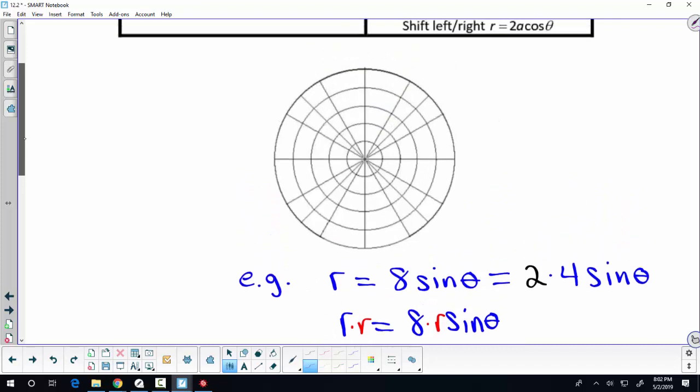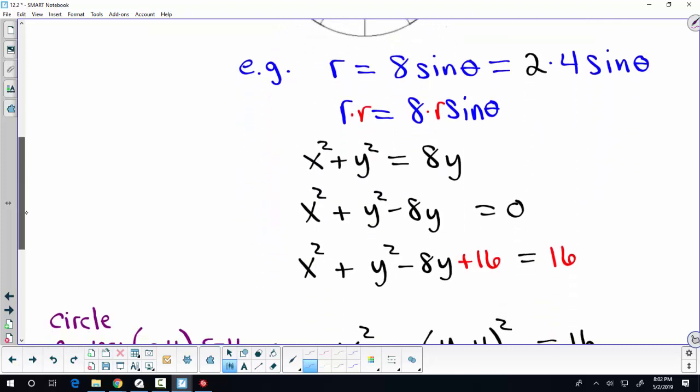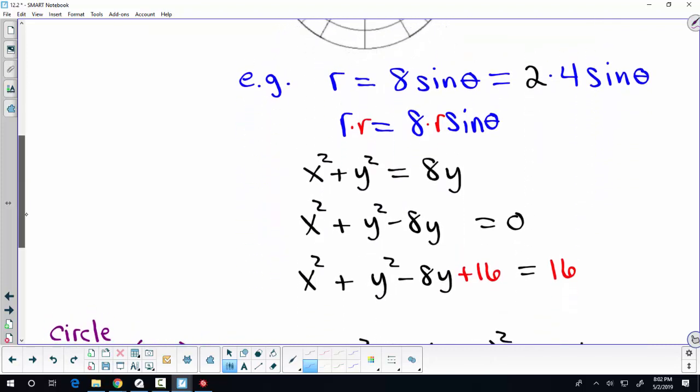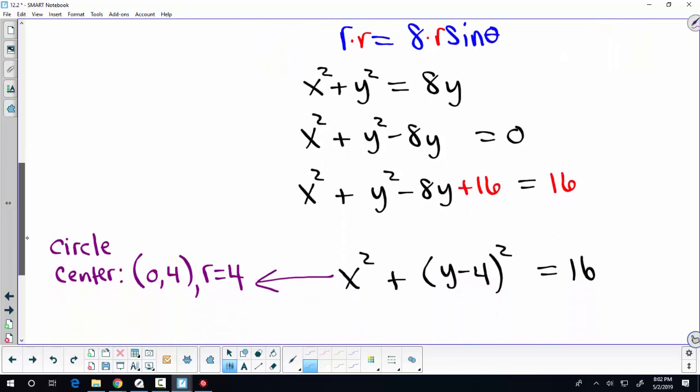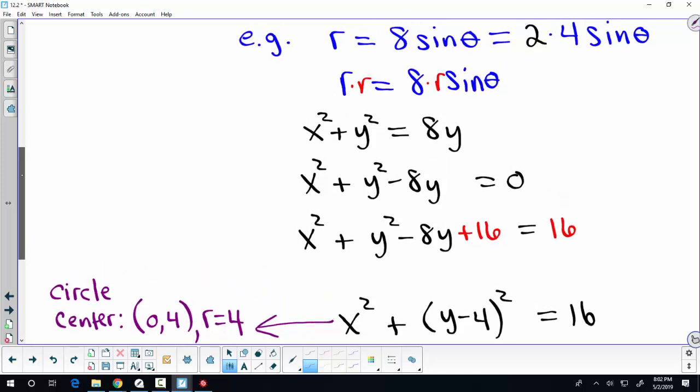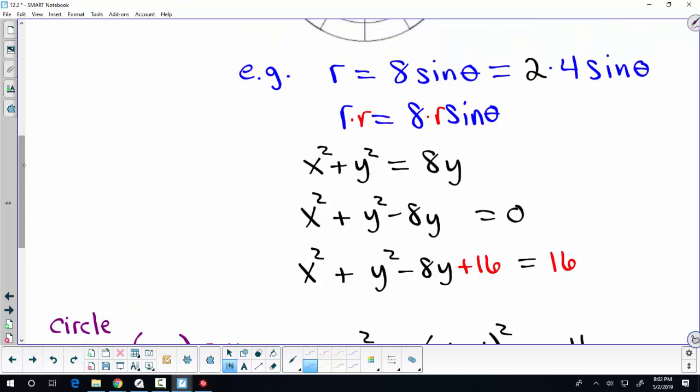So why did we split 8 into 2 times 4? Because when we complete the square, we get that this is a circle of radius 4 with a center of 0, 4. If you look at this and say it's a circle centered at 0, 8 with a radius of 8, that's wrong. So we're just fitting the Cartesian equation, circle radius 4, center 0, 4, to this.